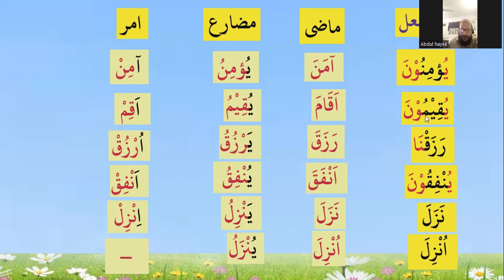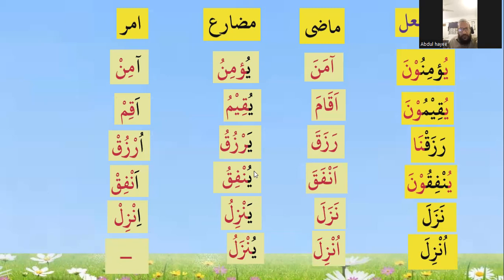How do I come to know it's majhul? Because look, in mudare, the first letter has dhamma and the end kalma has fatha. Fatha is the sign of majhul in mudare. Again, concentrate on that. It's a very important point.